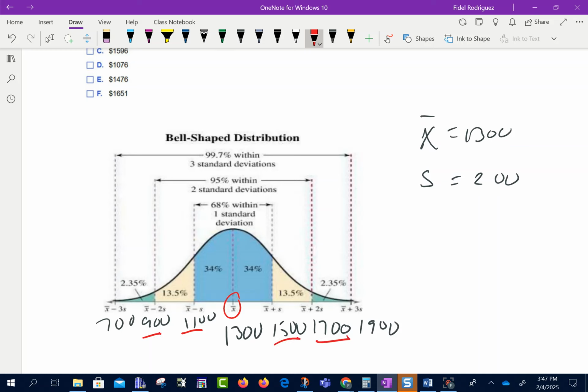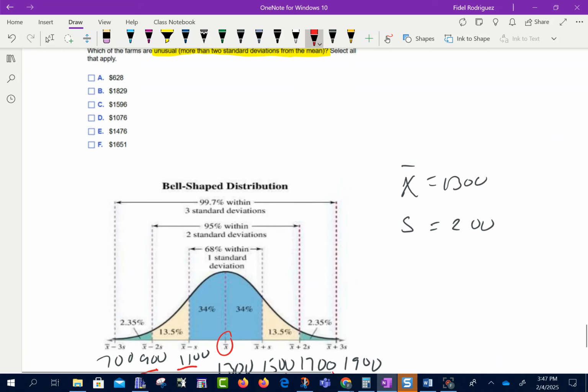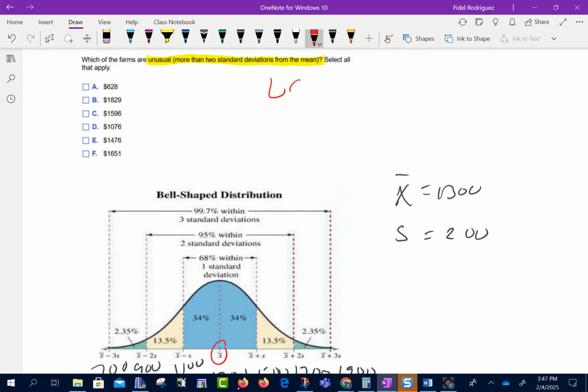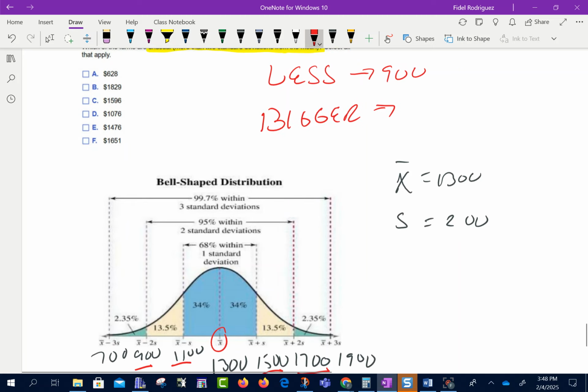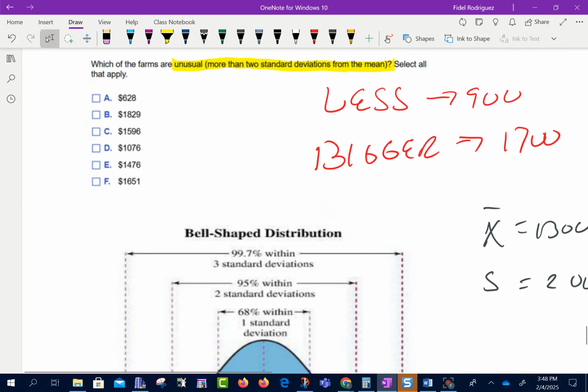These numbers are 2 standard deviations away. So we're looking for numbers that are more than 2 standard deviations away. We're looking for numbers that are smaller than 900 or bigger than, what was it, 1700. Okay, so smaller than 900 would be this guy right here. Bigger than 1700 would be that one right there.